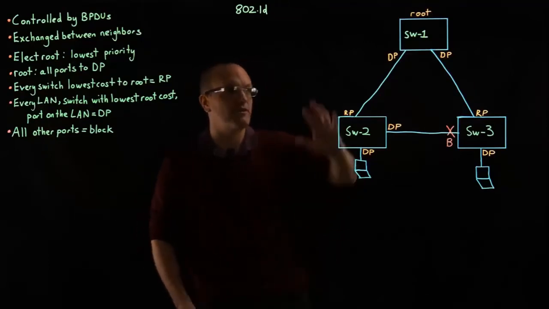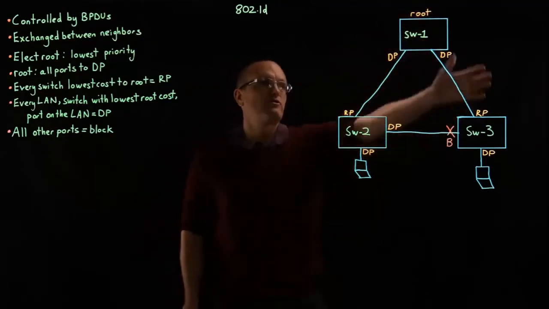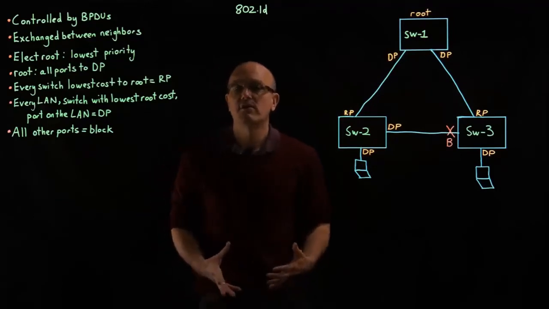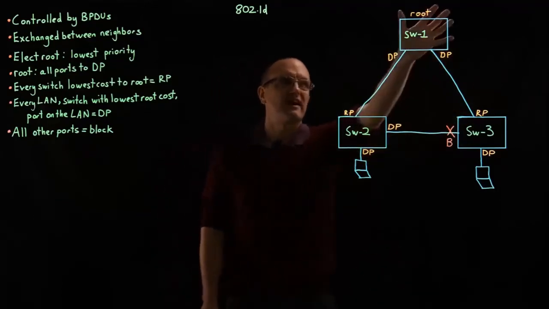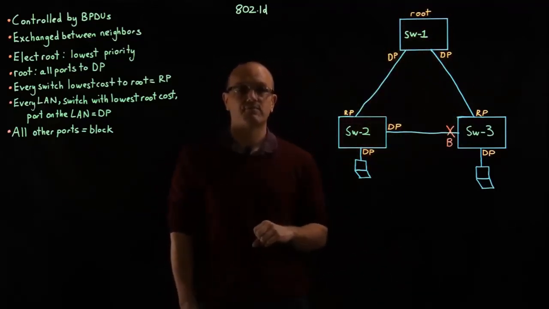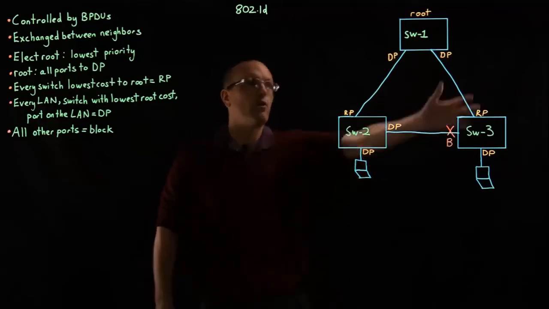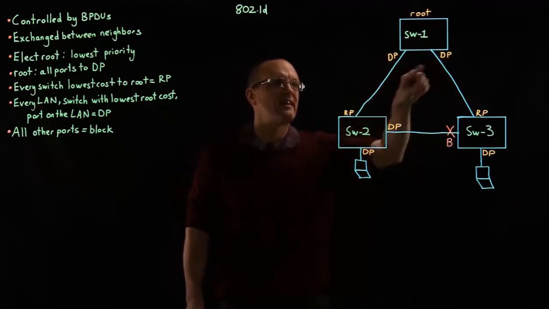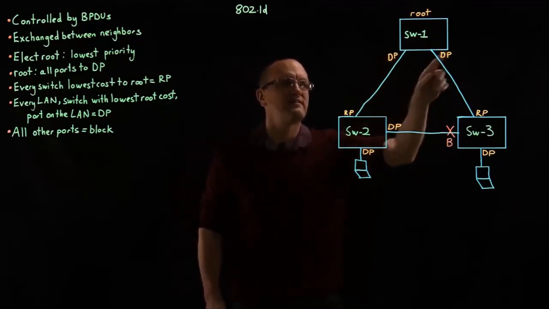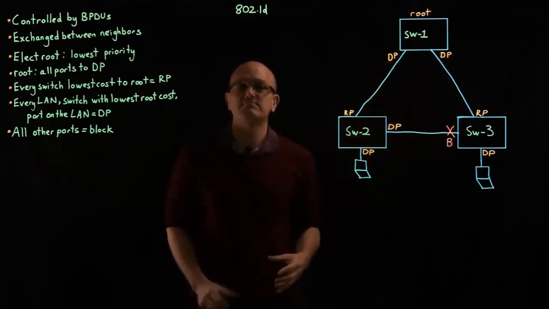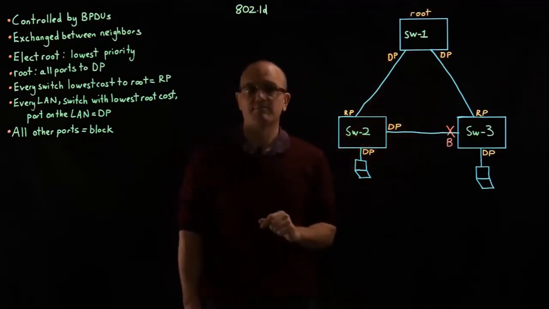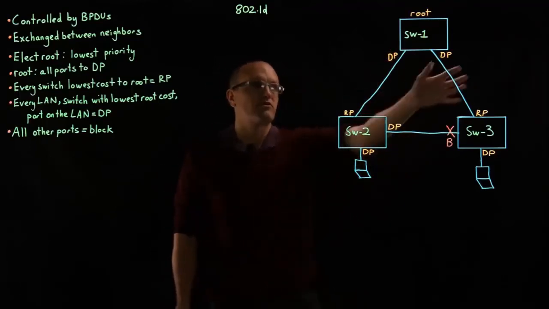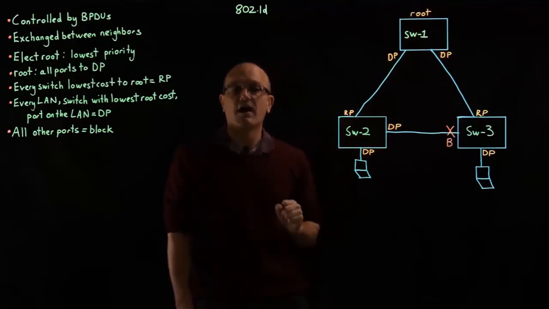So in our example network here, switch 1 has the lowest root priority, so he is elected as the root bridge. What then happens is all ports on the root bridge go into designated port mode, and designated port mode means that these ports are forwarding. So all ports connected to the root bridge are forwarding.